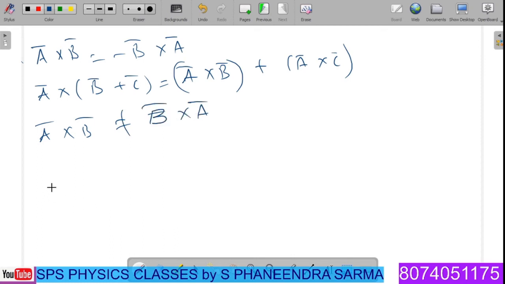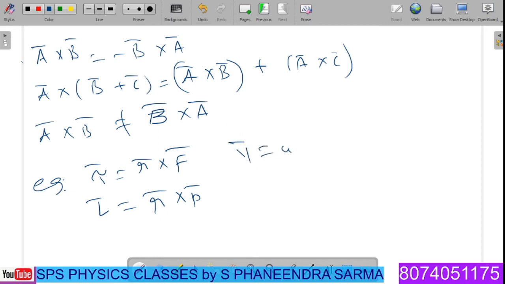Examples are torque, tau bar equal to r bar cross f bar; angular momentum L bar given by r bar cross p bar; and velocity vector v bar equal to omega bar cross r bar. So different types of examples exist for the cross product.